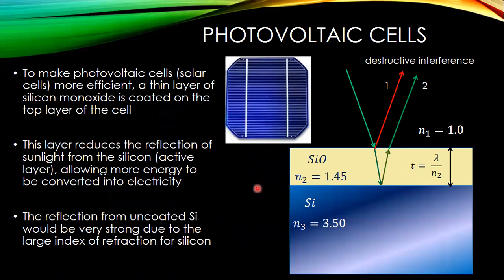This is also used in photovoltaics. The problem with silicon is it has an extremely high index of refraction, okay? The reason why we have reflection in the first place is the light is going from one index of refraction, around 1, to a higher index of refraction, if off glass, 1.5. The amount of reflection is very much connected with the change in the index of refraction.